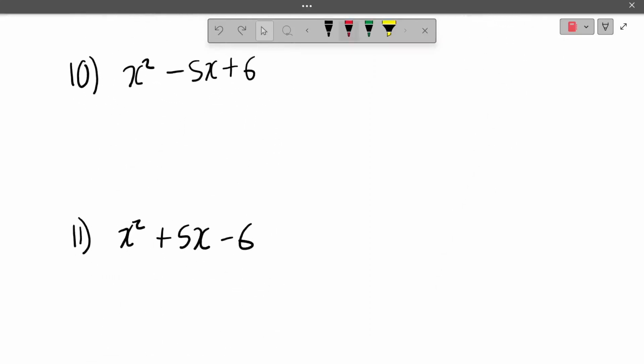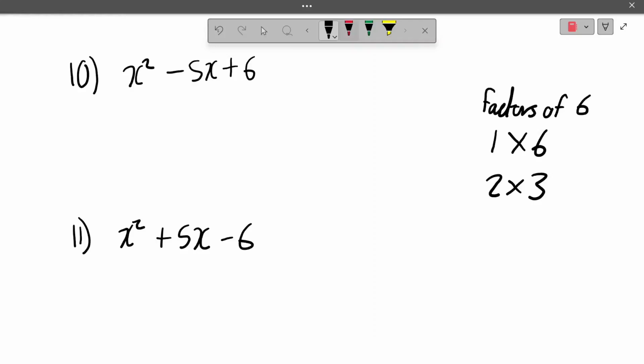Let's have a look at our next two. Again, I've done them quite similar, and I've done a really difficult number to find factors of. So I need the factors of 6, which are 1 and 6, and 2 and 3. It's quite funny where this one stumps people sometimes, because they get focused on one of our brackets.